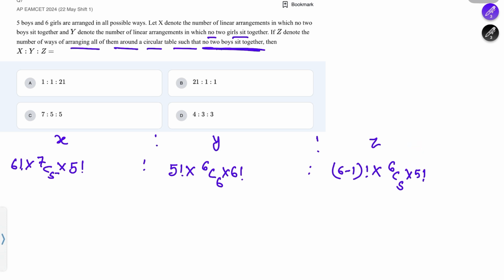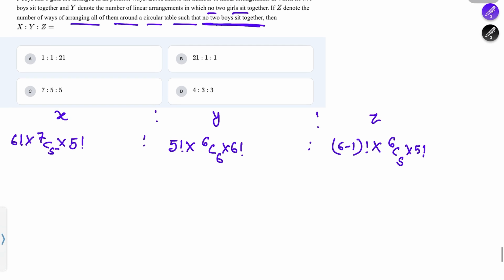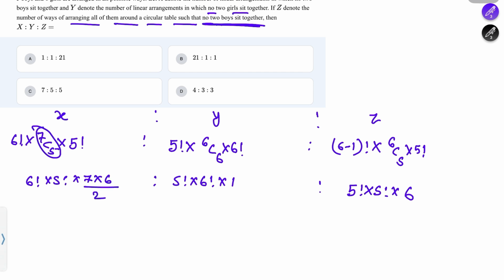Okay, so the easy process, and then find the ratio. Firstly 6 factorial and 5 factorial, the 5 factorial into 5 factorial into 6. This one is 6 factorial into 5 factorial into 7 into 6 divided by 2, which is 7C5.